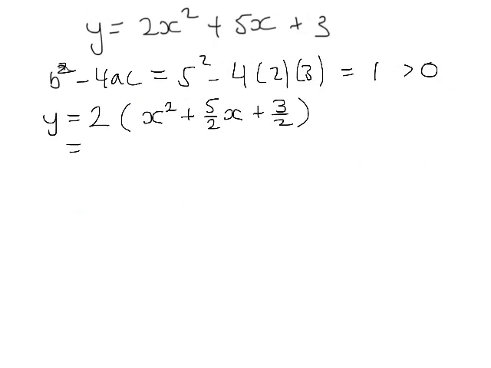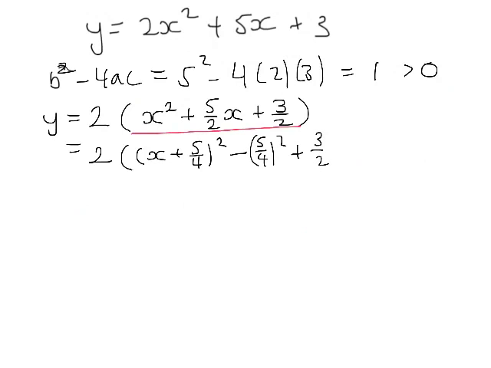So what I can do now is complete the square of this bit inside the bracket, just like I've done before. So that's going to be 2 times x plus 5 over 4 squared, that's half of my coefficient of x, minus 5 over 4 squared, plus 3 over 2. 5 over 4 squared is going to be 25 over 16.